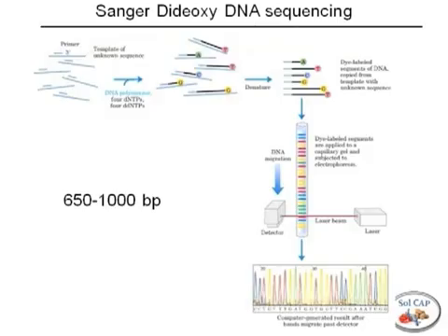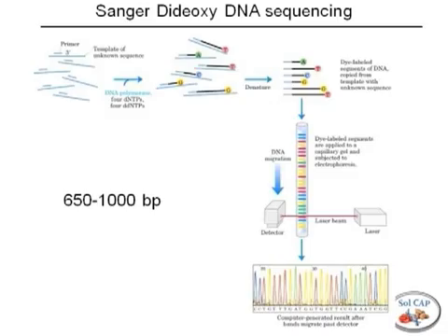So with Sanger sequencing, the DNA is cut with restriction enzymes. It's cloned into a vector, and with primers that are specific to that vector, we can start a sequencing reaction. And the dideoxy method uses an NTP, so an A, G, C, or T, that has an end on it that stops the sequencing reaction.